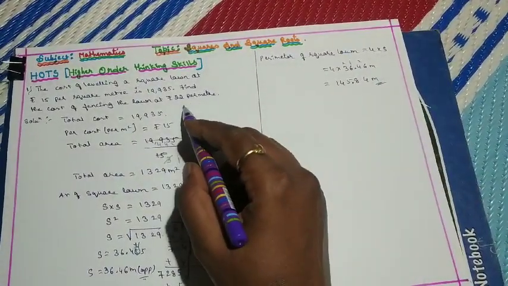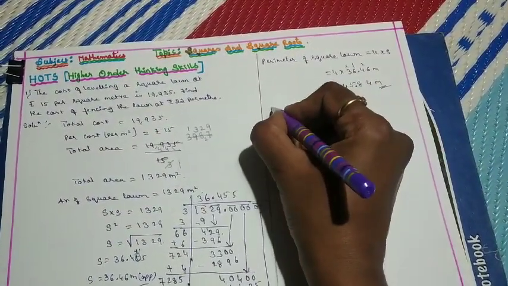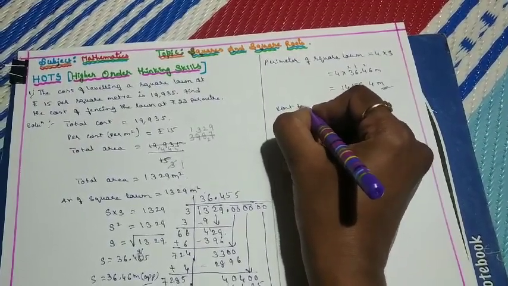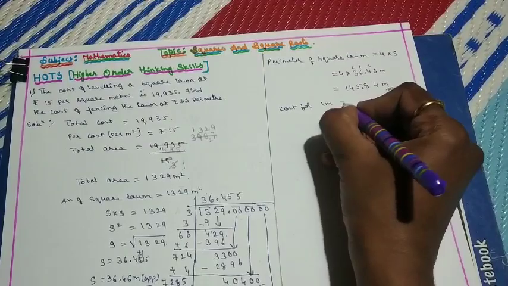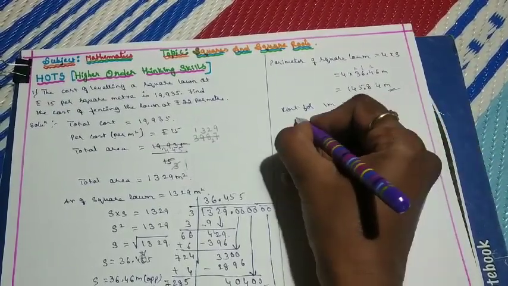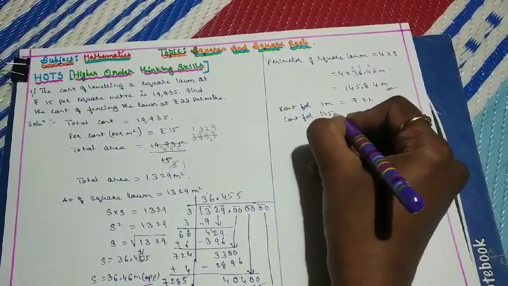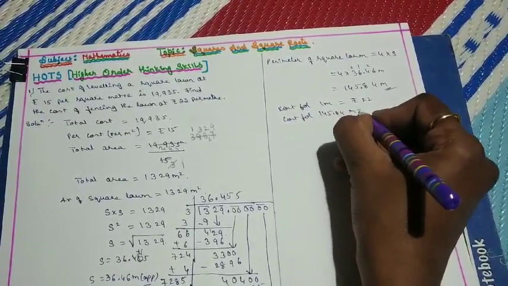Then he asked to find its cost. Cost for 1 meter equal to rupees 22. Then cost for 145.84 meters equal to how much?